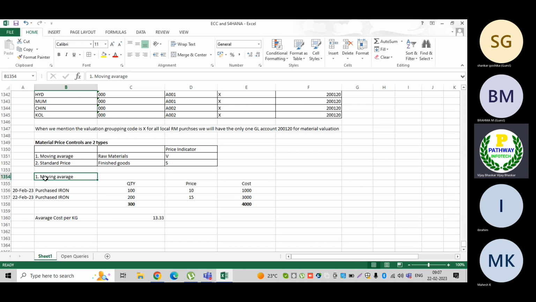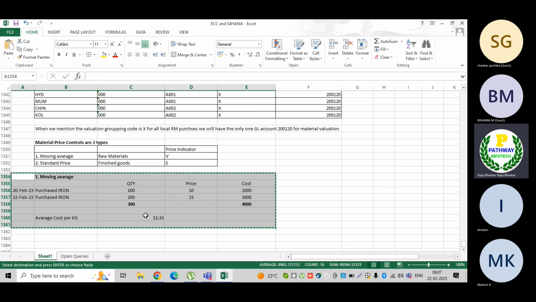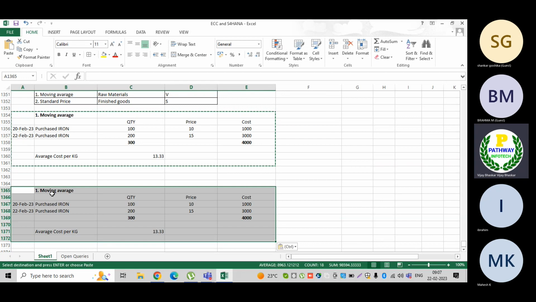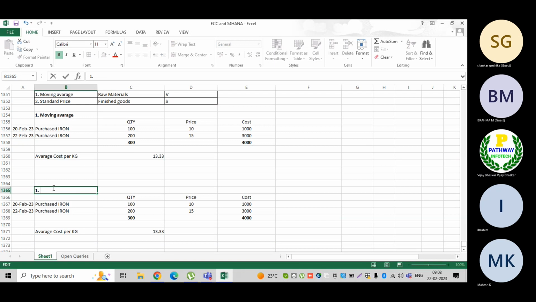Now I will take the same example for the standard price. Then what will happen here? The system does not accumulate the prices.